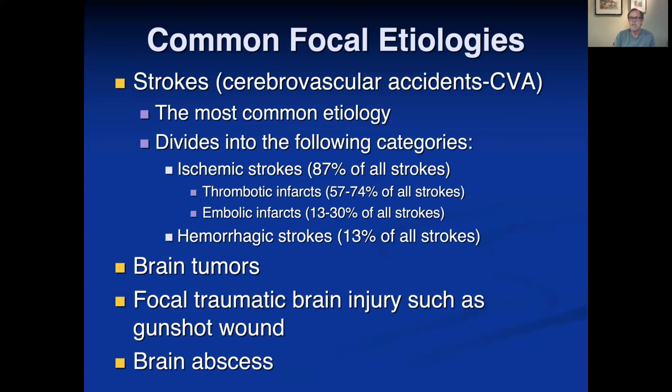Embolic strokes are caused almost always by atrial fibrillation, and they form in the left atrium, go to the left ventricle, out to the body someplace. If they go to the brain, that's going to result in an embolic stroke.